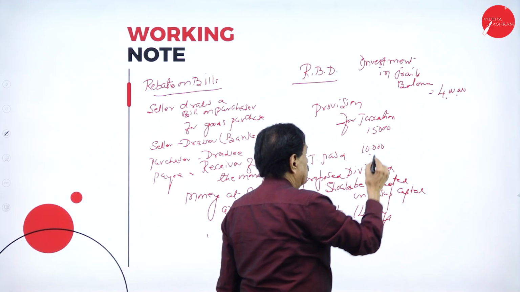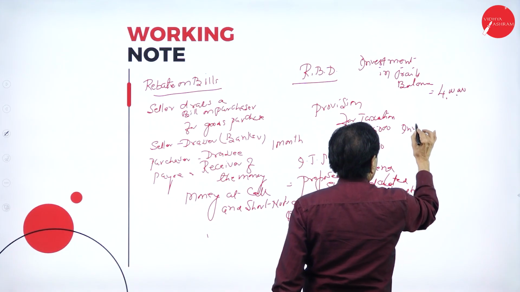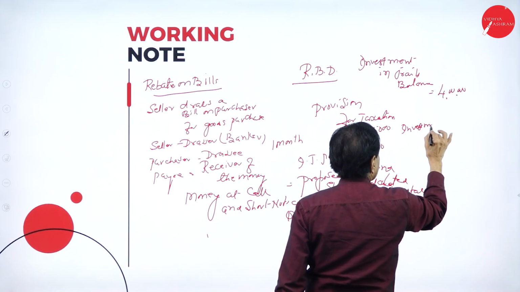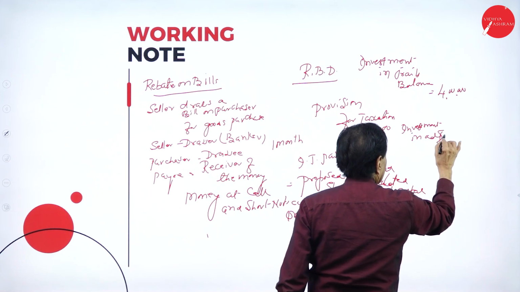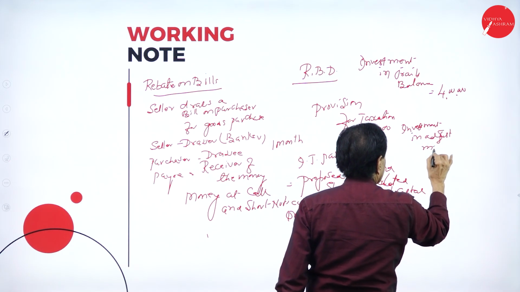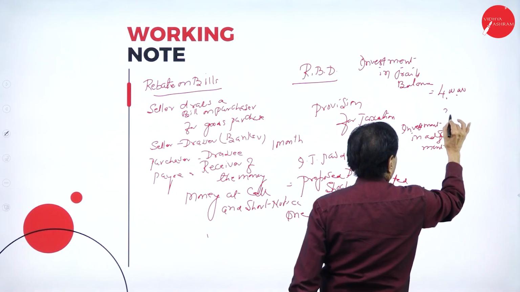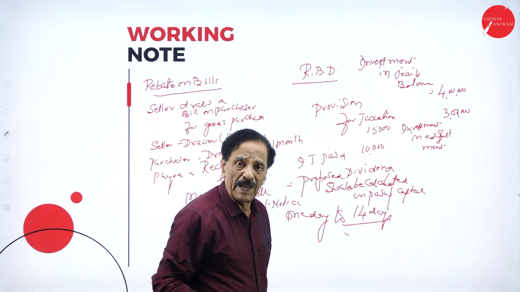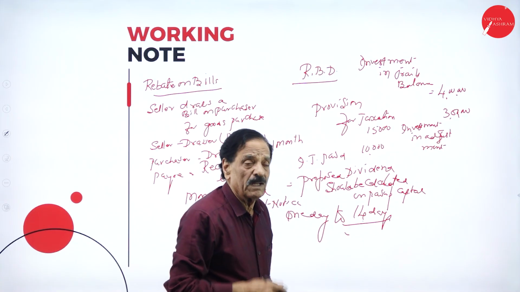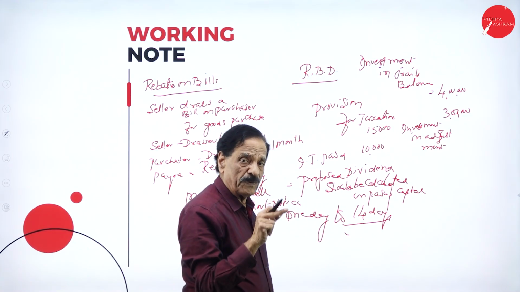But investment in the adjustment is 3,50,000. What's the real value? 4 lakh. But as per adjustment, 3 lakh 50 thousand. The fall in the investment is 50,000.